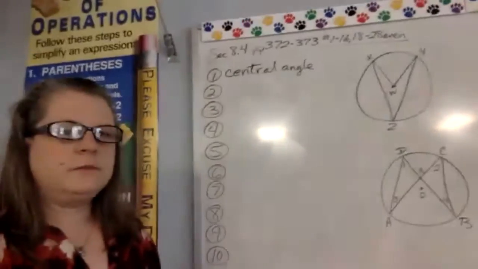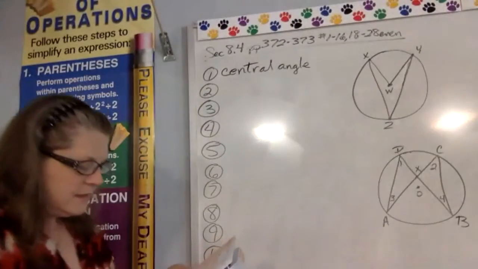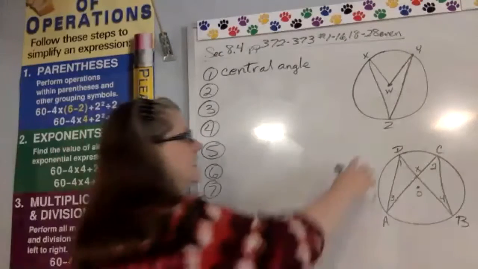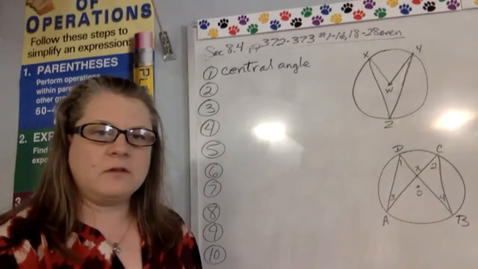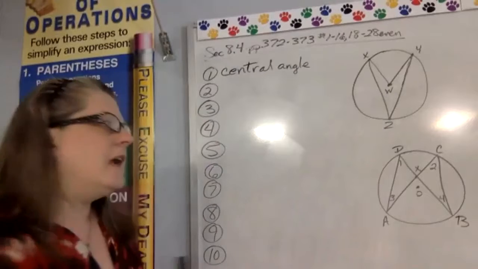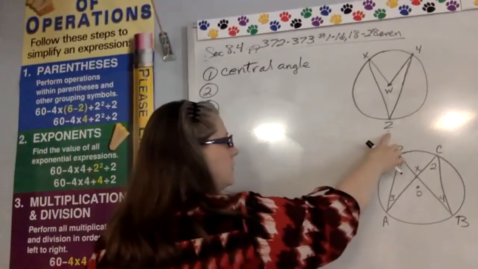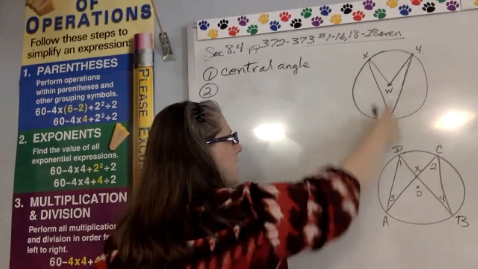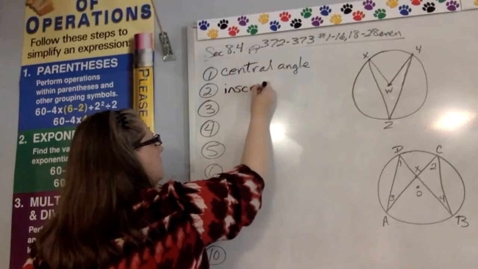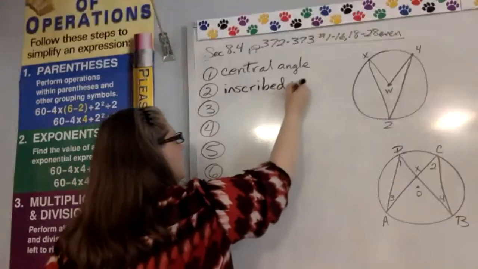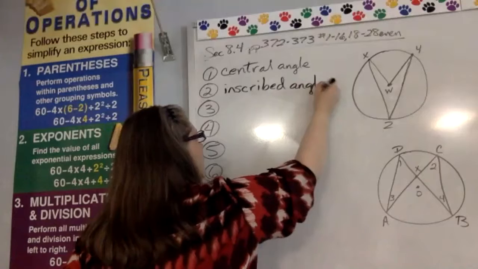Number 2 says, what type of angle is angle Z? Now remember, this is the new definition, which you had in your notes for section 8.4. If the vertex is on the circle and its 2 sides of the angle are chords, it's called an inscribed angle. Okay.